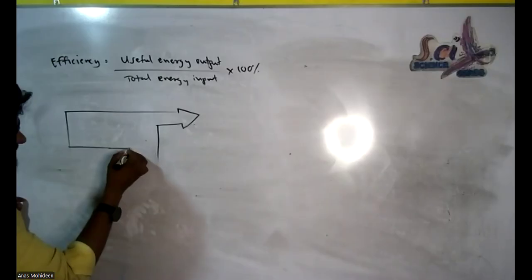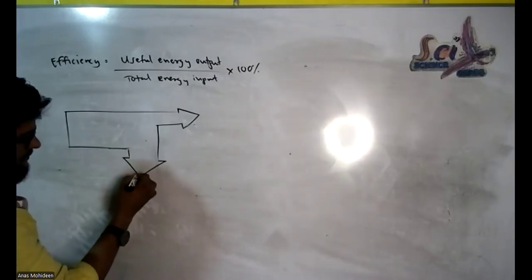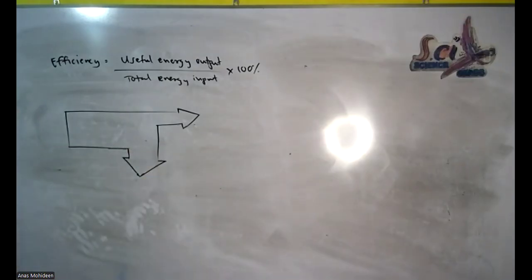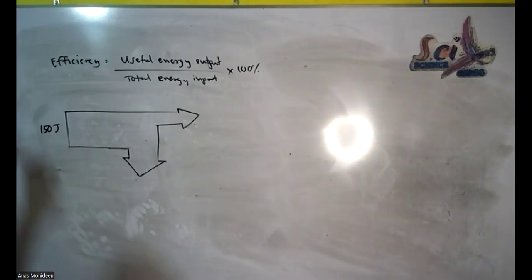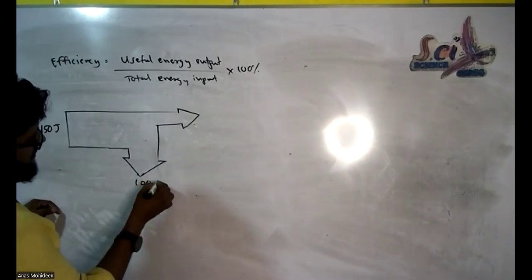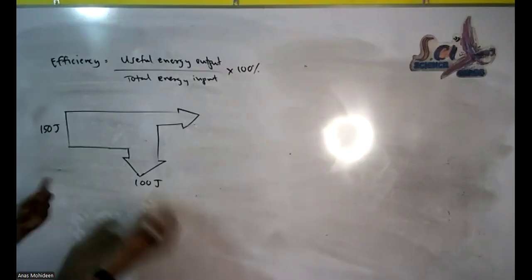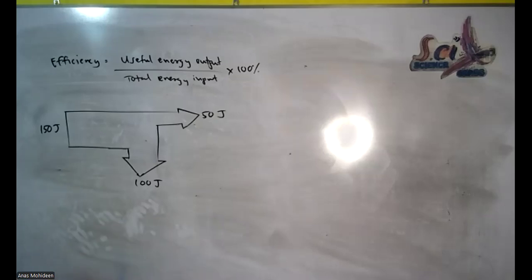Now let me take this, and I'm going to indicate something like this. Input energy is 150 joules. Wasted 100, maybe as sound or heat or whatever. Only 50 joules used. So how do you find out the efficiency?